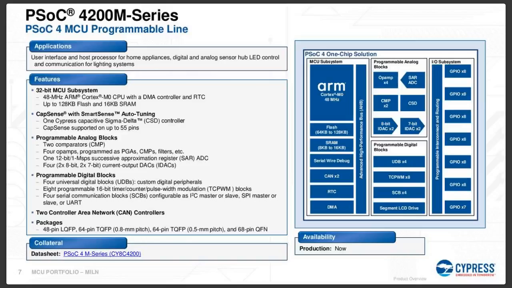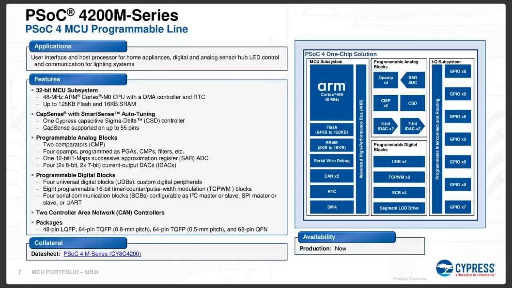The next block up is the TCPWM. These are timers, counters, and pulse width modulators. This particular part has 8 of those, and they're all configurable. They can be set up as a timer or as a counter, and all 8 are independent from each other in real hardware.